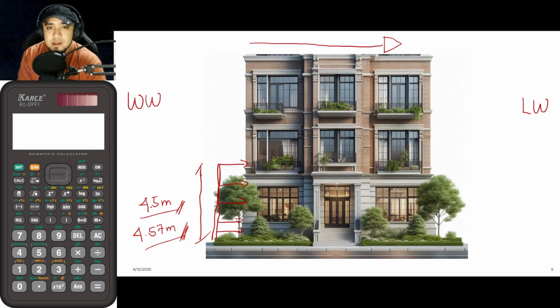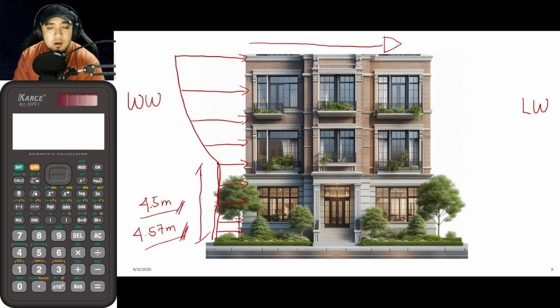Then, as we analyze the remaining height of the building, the tendency of air is that it would increase its pressure as we go up in height. So from that, guys, it would now look like this. So the higher the height of the building, the greater the pressure that it would carry in terms of windward.